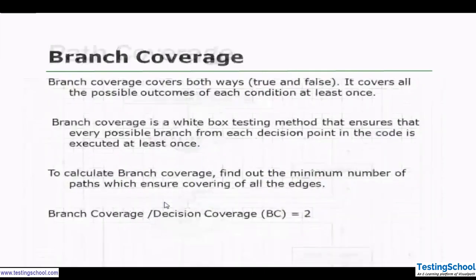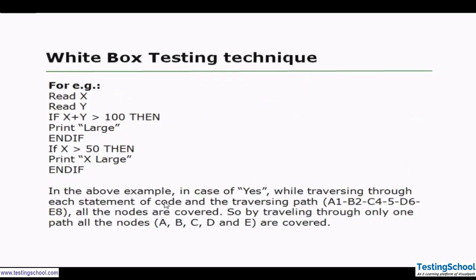In branch coverage we verify all the possible branches, true and false both, covered at least once. So this was the example where x plus y is greater than 100, then it is large. But let's take an example where x plus y is less than 100. Then it moves to the branch coverage with the no condition.